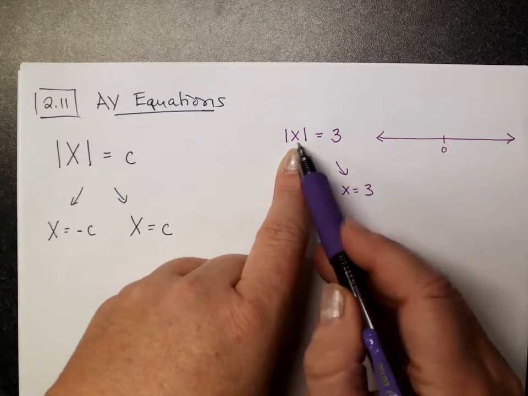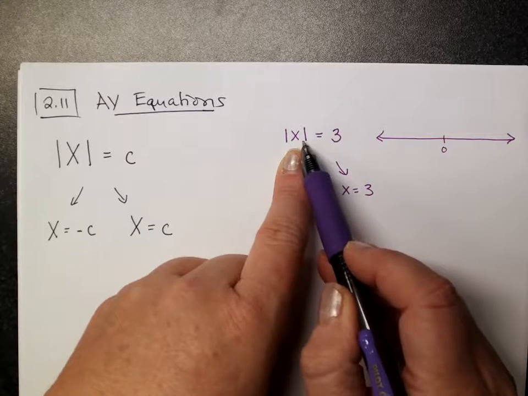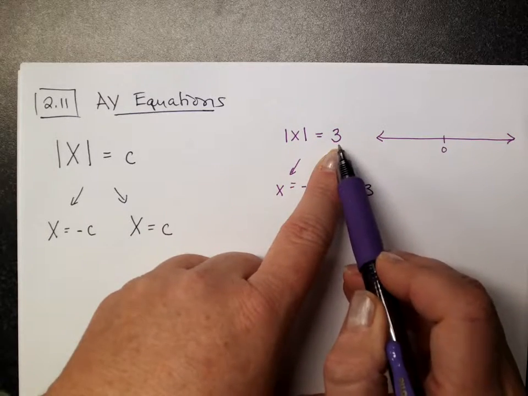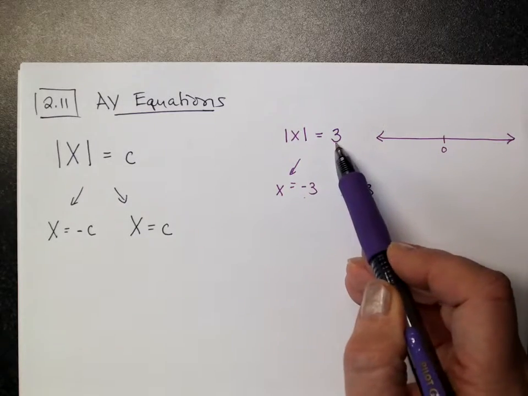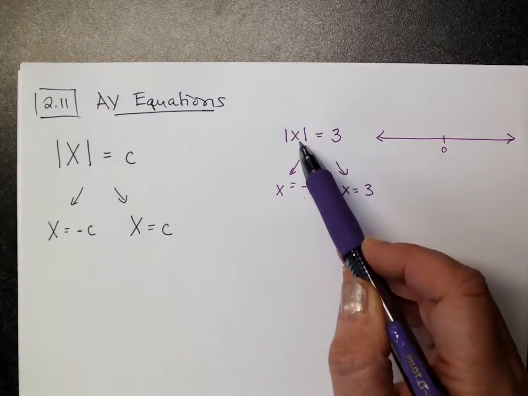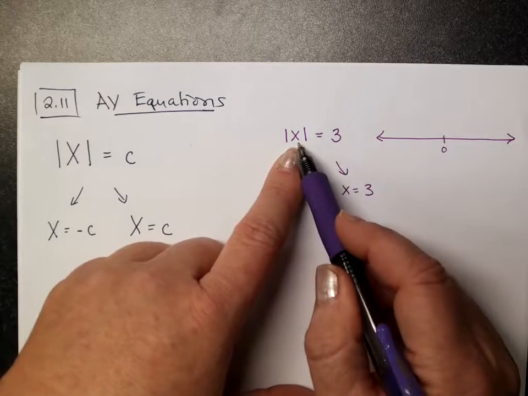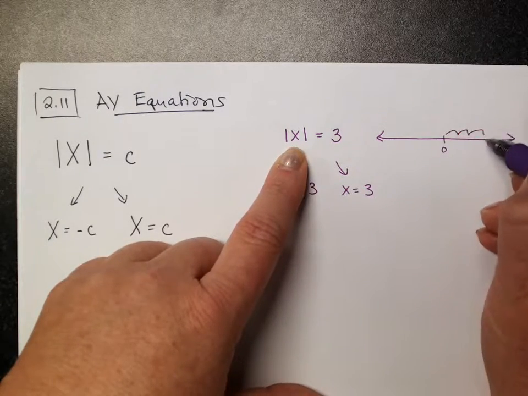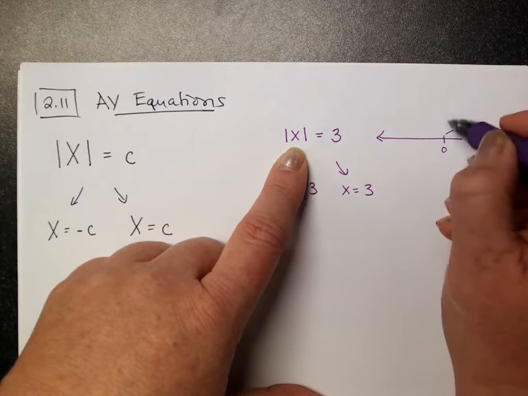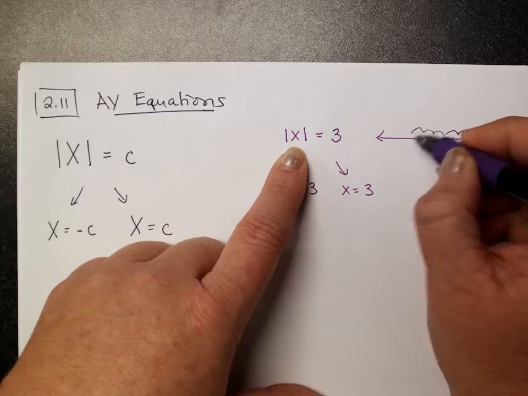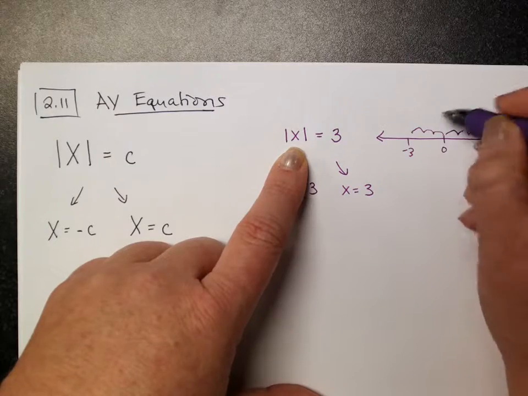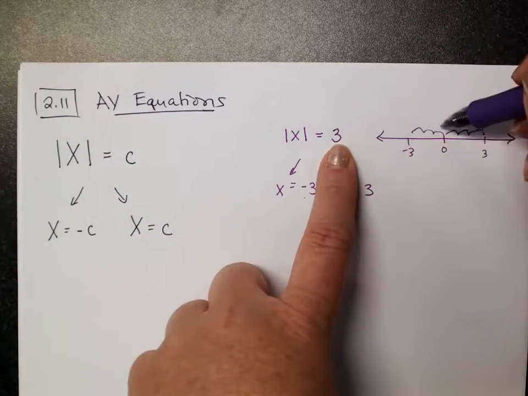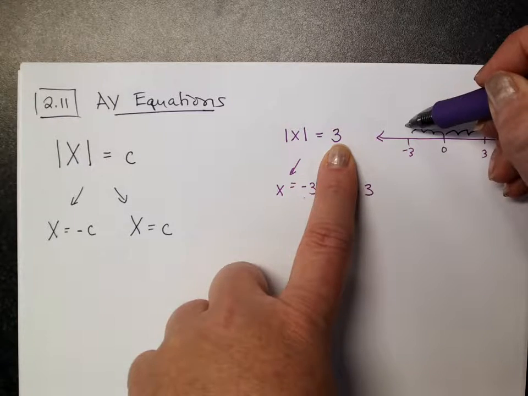Okay? And all this is saying is the absolute value of x equals 3 means this is 3 units. Your solutions, this is not your solution, but rather your solutions are 3 units from your anchor point. So your solutions are x, and the distance of one solution to the anchor point is 3, and the other is negative 3, because this is 3 units. 3 units to the left of the anchor point is negative 3.